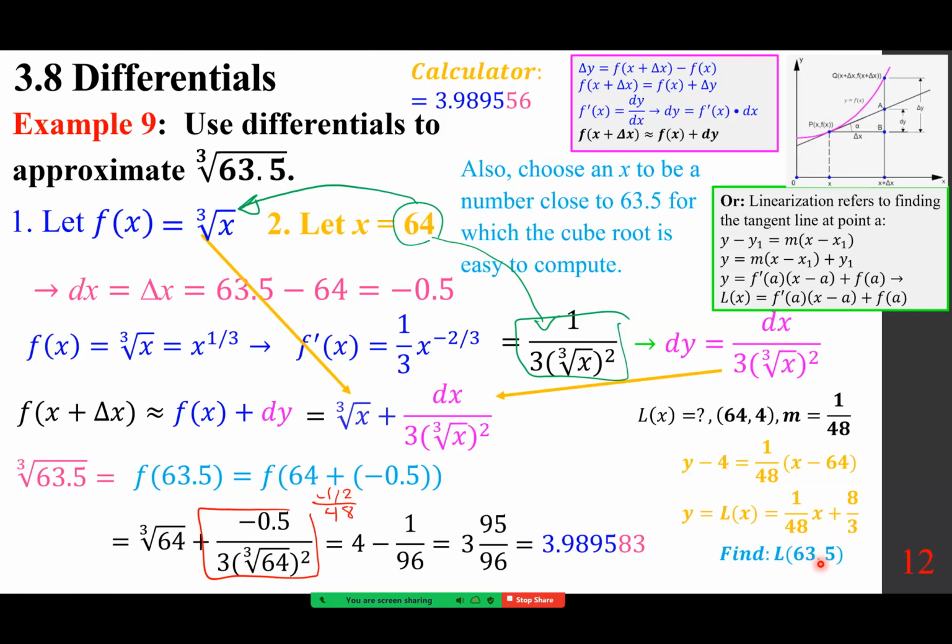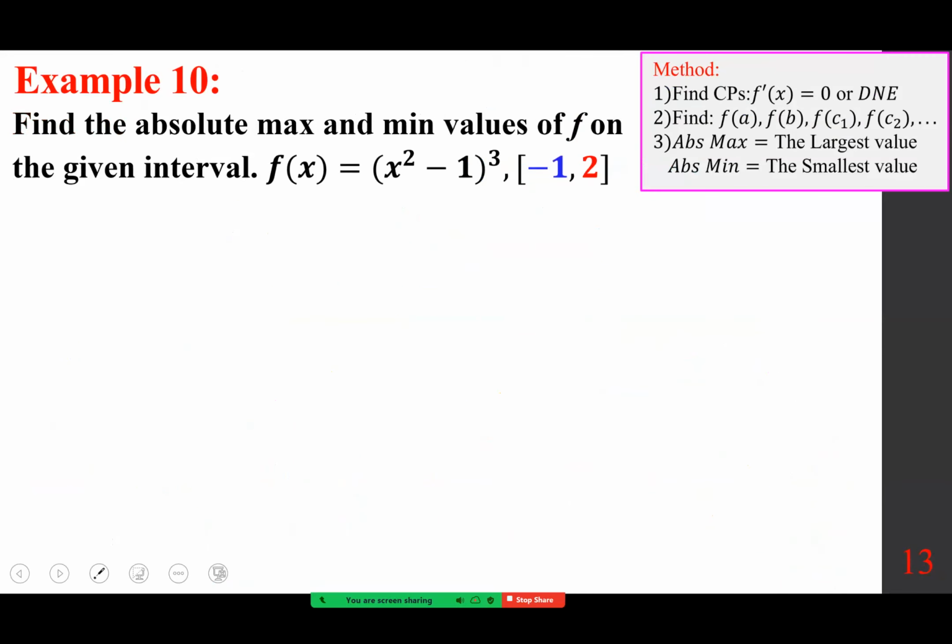I highly recommend you do that with fractions, because it gives you exactly this. And if it doesn't, somewhere we've made a mistake. So that's the exact answer. Differentials or linearization must give you exactly the same answer, everybody.